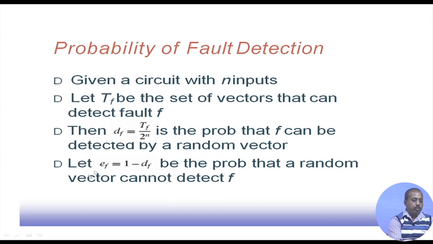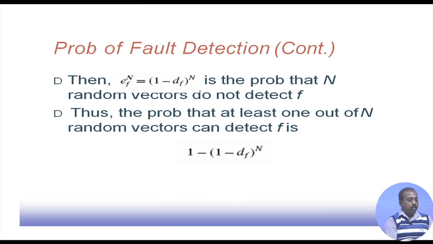This is important. If Ef is high for some fault, we know that the fault is going to be a random pattern resistant fault. Ef power n, which is 1 minus Df power n, is the probability that n random vectors do not detect f.